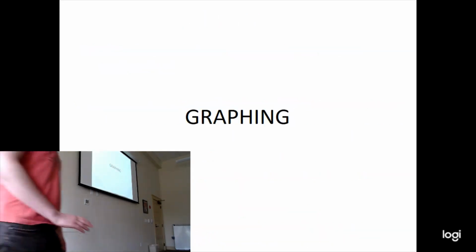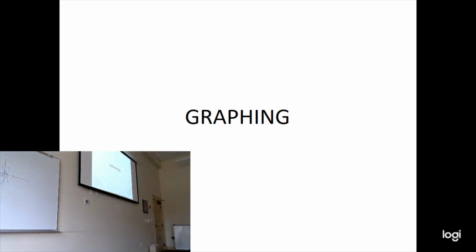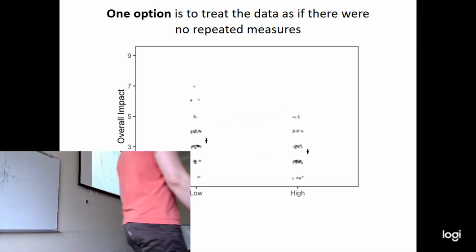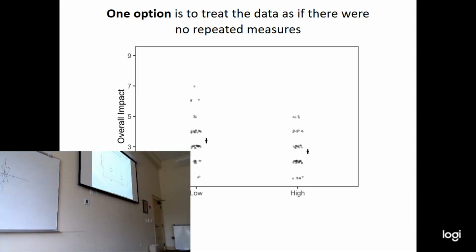I want to touch briefly on graphing and writing these kinds of models. So one way that you can graph these models is to treat them just as you would a fully between subjects design.